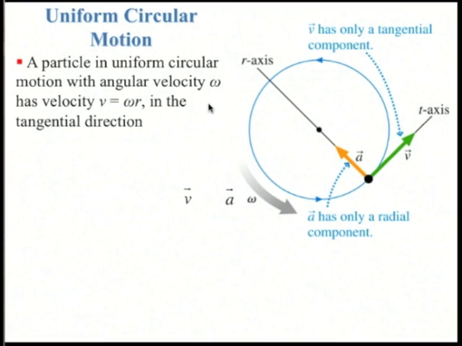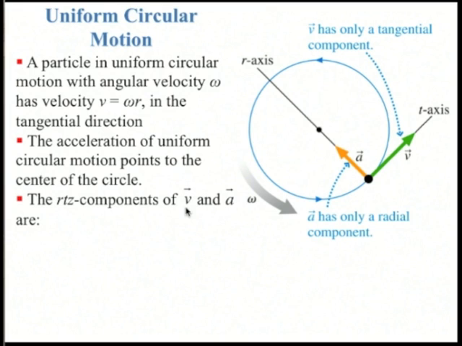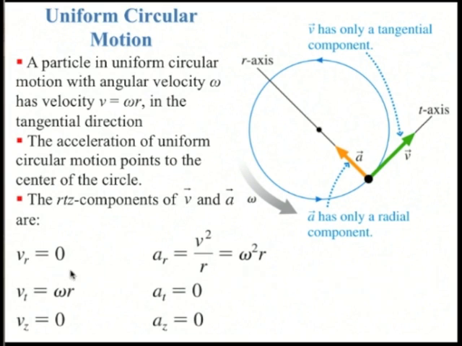This way, if you've got a particle in uniform circular motion, its velocity is always in the t direction along the t-axis, and the acceleration is always along the r-axis. So if you look at the r, t, z components of velocity and acceleration, they look like this.